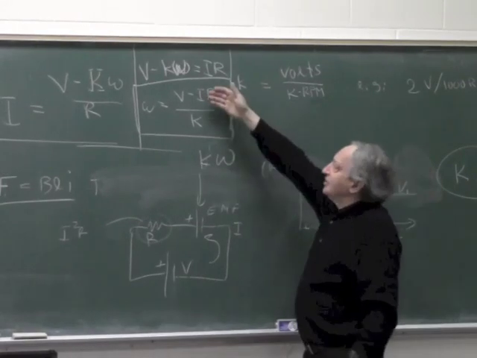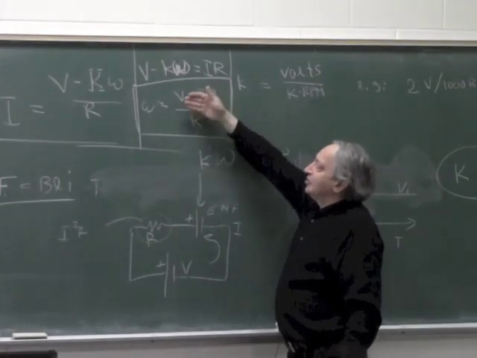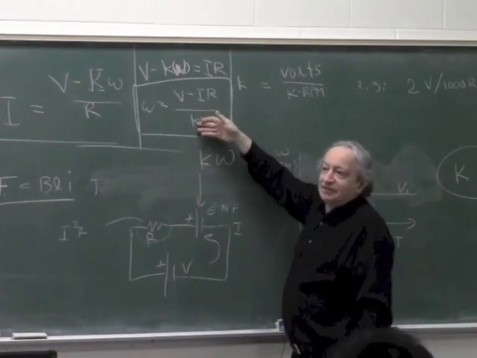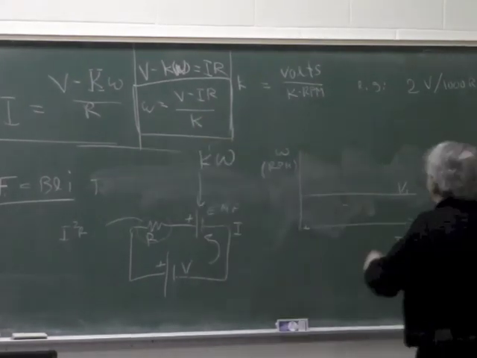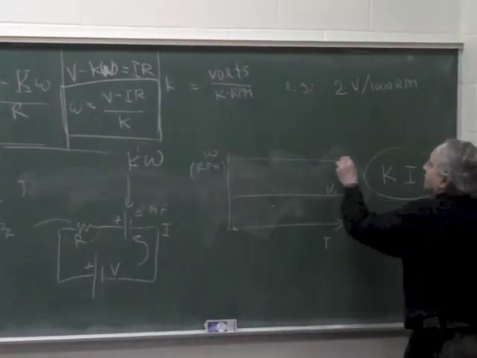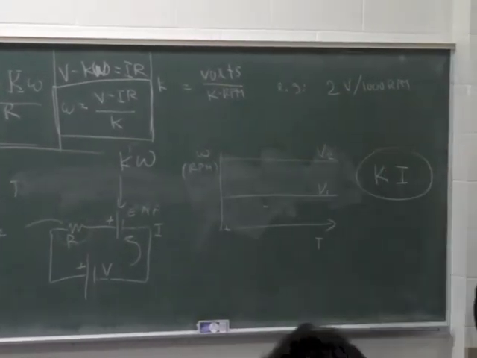So if there is no resistance, then the omega has to be V over K, has to be constant. Okay? So this is V1. If I give it another voltage, it will be V2.